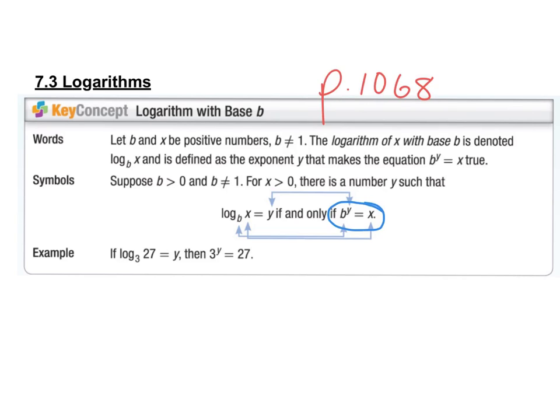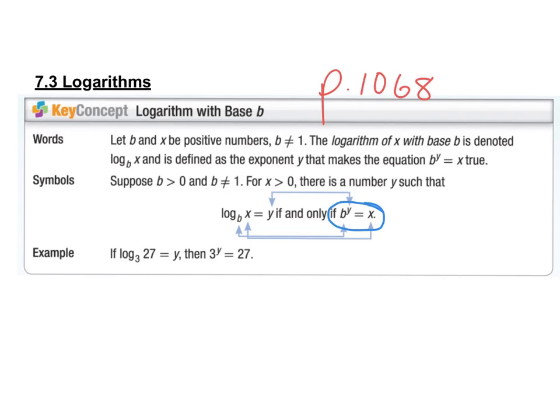Those kinds of things we're familiar with seeing. Okay? We're used to seeing exponents. b is the base, y in this case is the power, and it would equal x. What a logarithm does is it takes the base and makes it the small number. It takes the power and puts it on the other side, and it's now a bigger number, and the answer goes right next to the log.